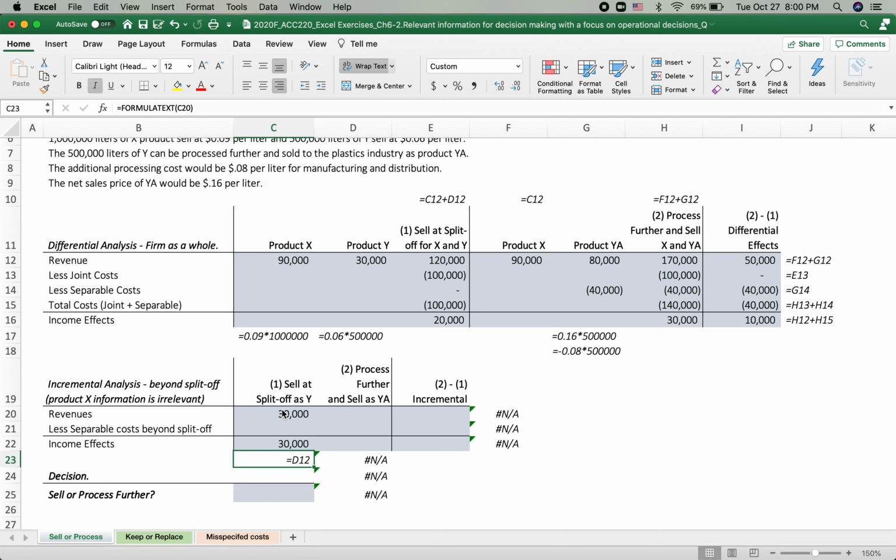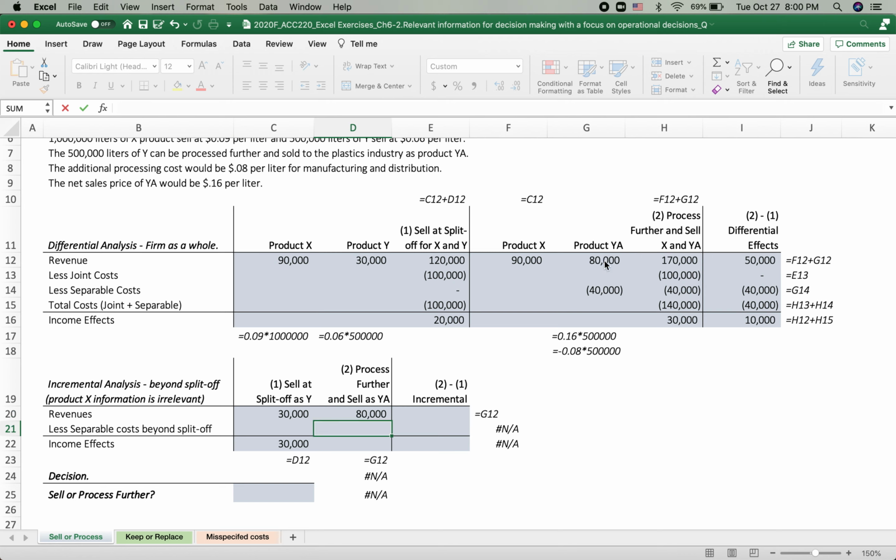the income effect when you choose the sell as split up as Y, and then process further and sell as YA, then we should collect this, and then less now separable cost $40,000 is the relevant information, the incremental changes.